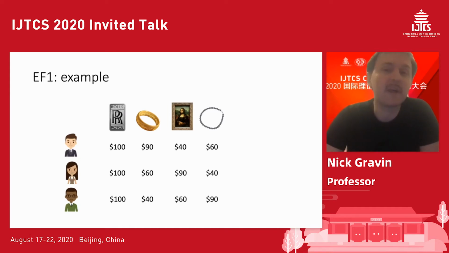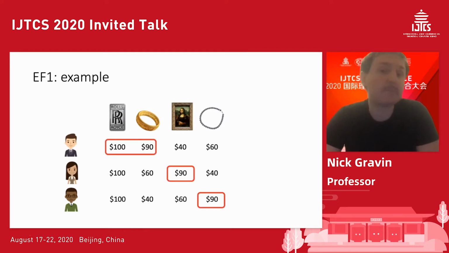Let's say the first guy prefers the ring most of all. The second person prefers the painting most of all, and the third person prefers the necklace most of all. Okay, so in this setting, there is this allocation where we give the Rolls-Royce to the first guy, and then everyone else gets their most preferred, less valuable item.